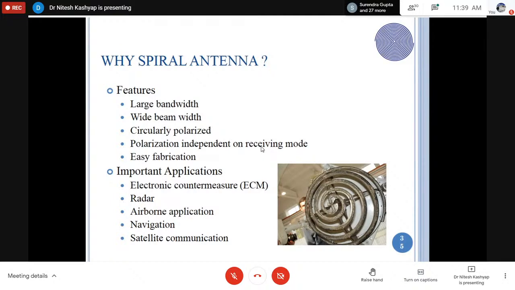The spiral antenna is the most suitable candidate. And navigation, definitely, orientation is the same here. The spiral antenna can be used in navigation and also in satellite communications. As I told you, the spiral antenna is a frequency independent antenna.